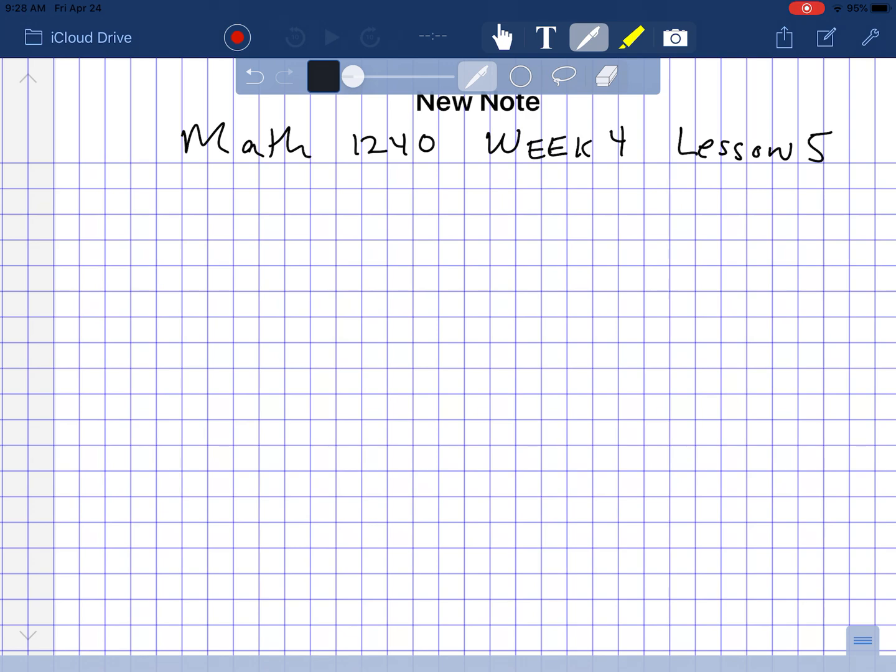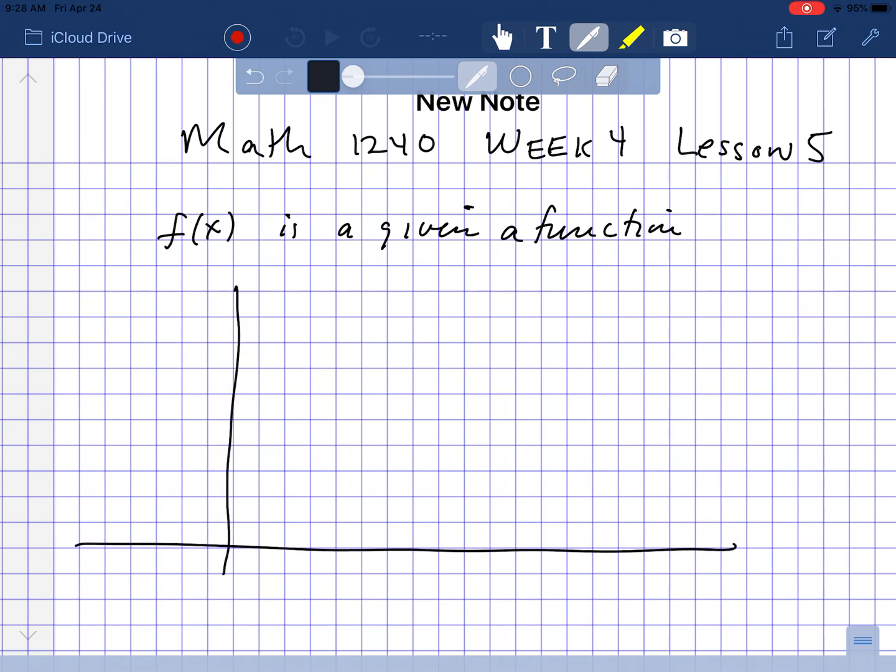Okay, so let's suppose we have some function f of x. So f of x is a given function. And we'll suppose that it has a graph that looks something like this, all right? And here we have a point with an x-coordinate, x sub naught.